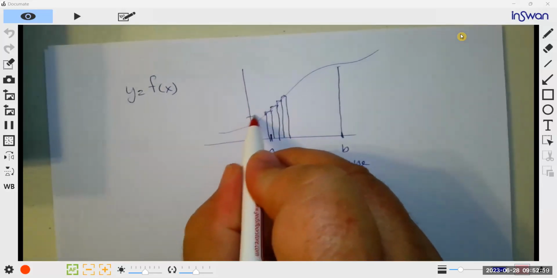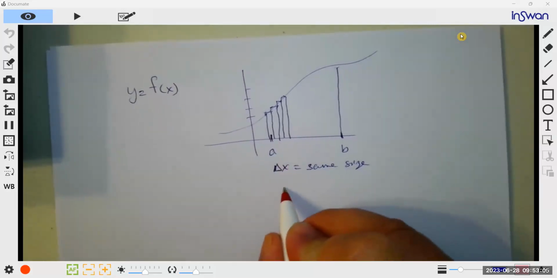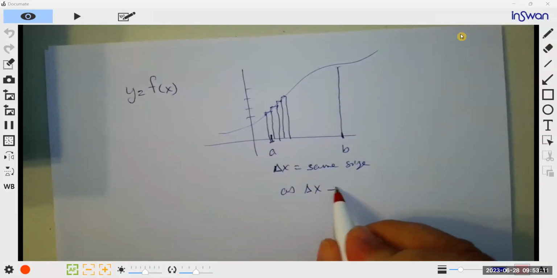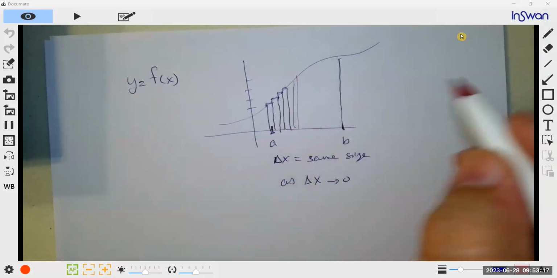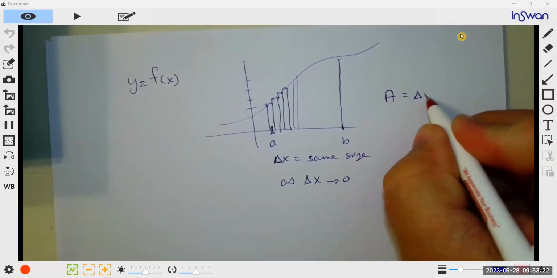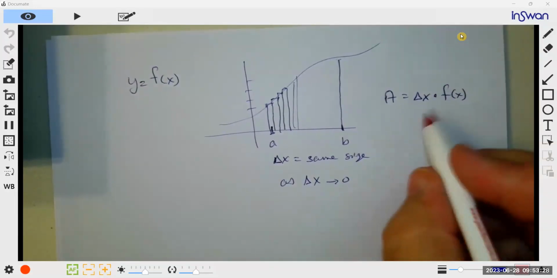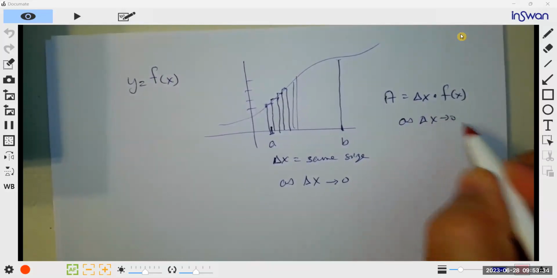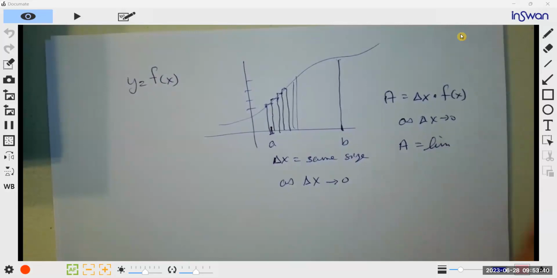The only thing that was variated was the y values. So as our delta x, as the width of these rectangles went to 0, the number of these rectangles increased, so as delta x goes to 0, the area reached its limit.